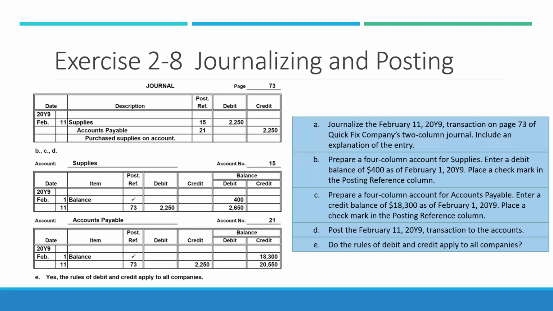Then the account number 15 and account number 21 go in the posting reference column on the journal entry, so it says exactly what account it points to. In accounting software, you would have a record number or a transaction number, and it would be a really long series because you have a lot of transactions.